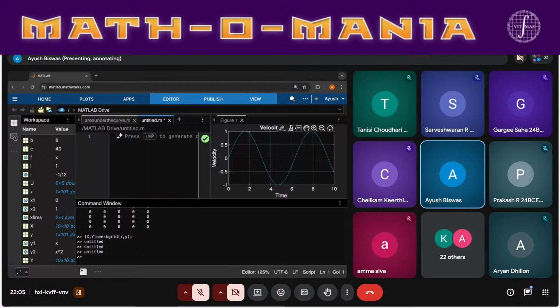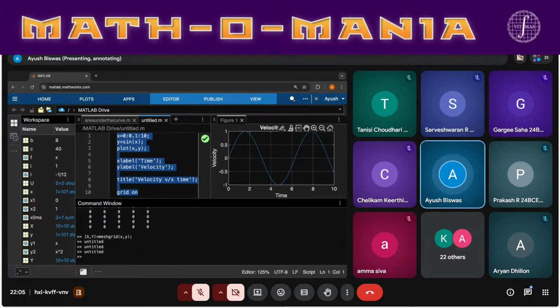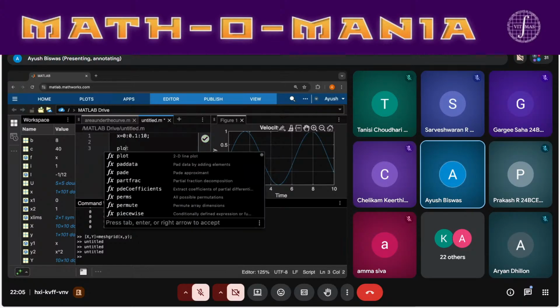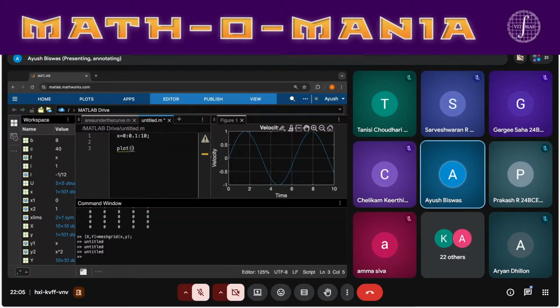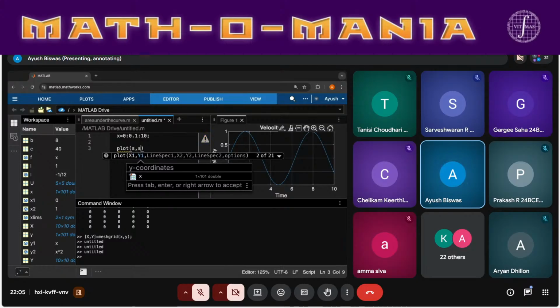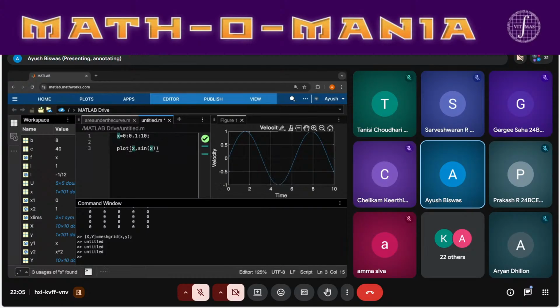Okay, so it is not necessary that every time we just need one plot. We can have multiple plots together at the same time. So we can plot sine of x with respect to x. Let's run that.